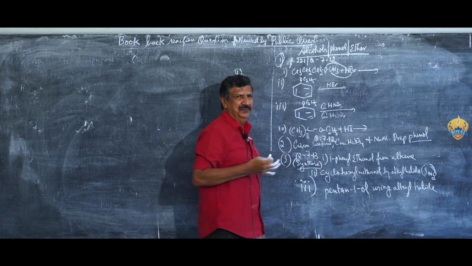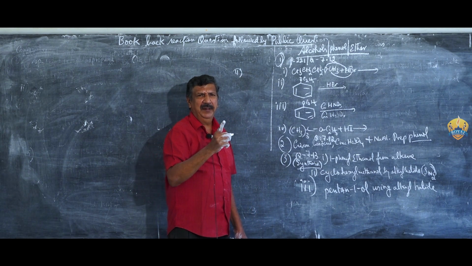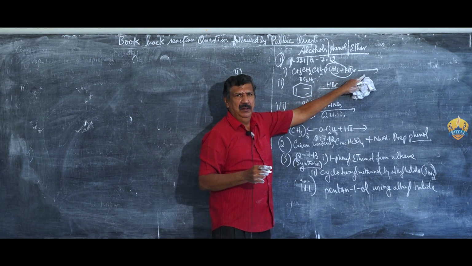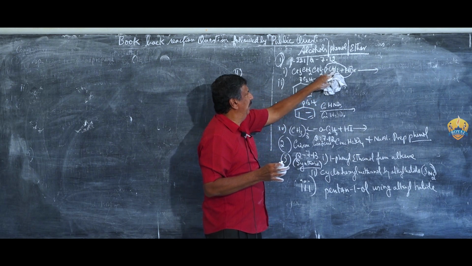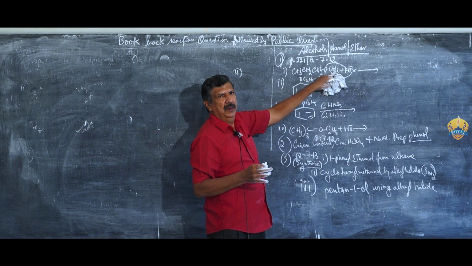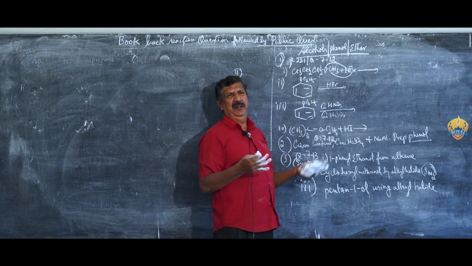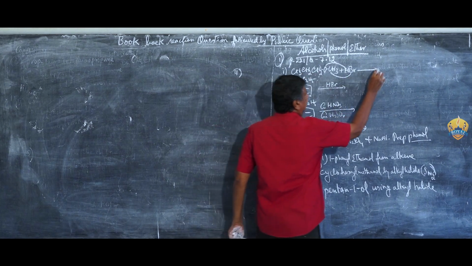Mind it, while breaking the ether with HBr or HI, the halide should join with the smaller group. If you learn like this, you will answer any question, even in NEET. So you have the right answer.